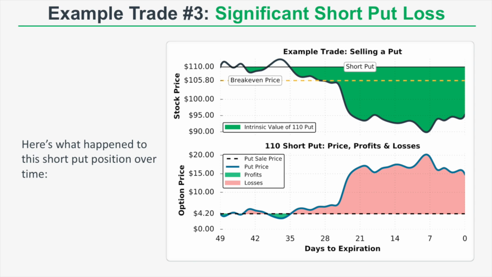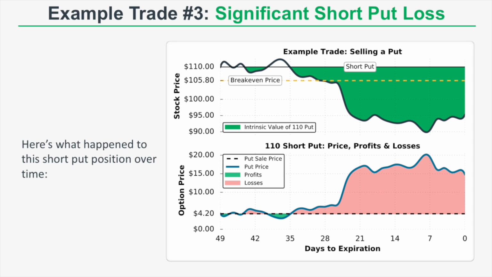So for example, if you would have just purchased 100 shares of stock for $110, your maximum loss potential would be $11,000. However, since we decided to sell the 110 put and collect a $4.20 credit for it, that brought our break-even price, or effective share purchase price, to $105.80. So since this short put was deep in the money at expiration, you would be assigned 100 shares of stock at the put strike price of $110 per share.